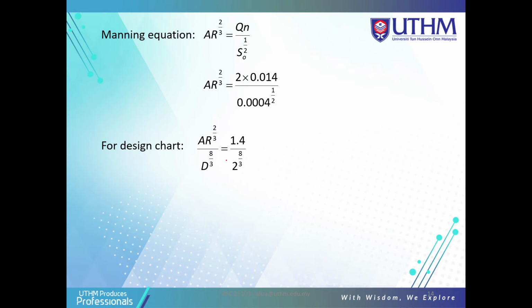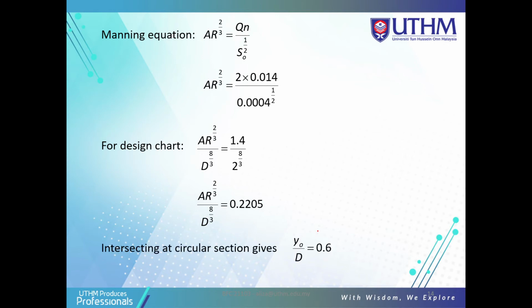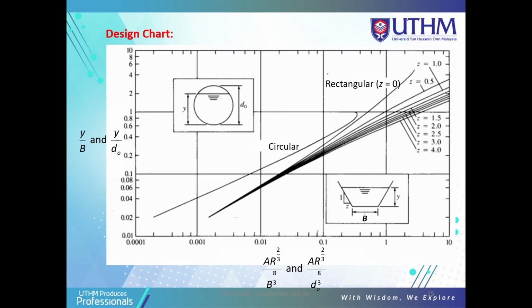Just calculate using the design chart, and you get AR to the 8 over 3 over D. So you just look at the Y over D on the design chart here. Calculate the value until you get 0.2205, and just look at the circular.